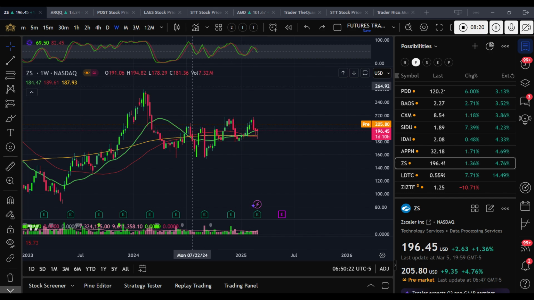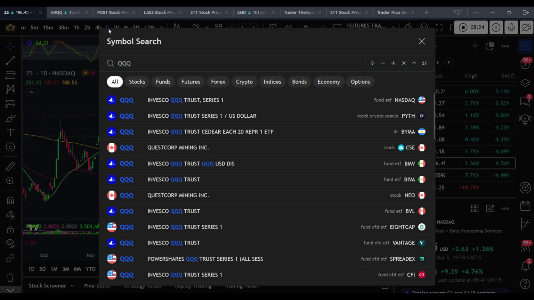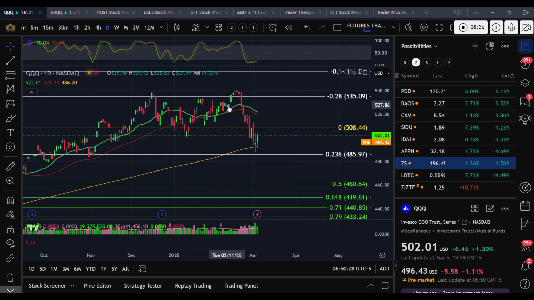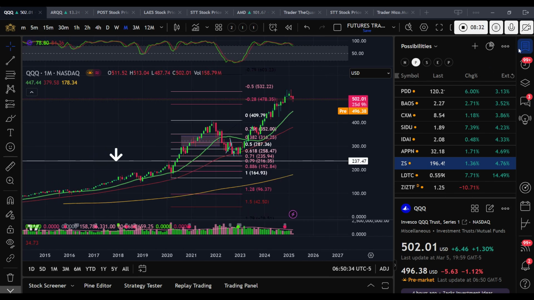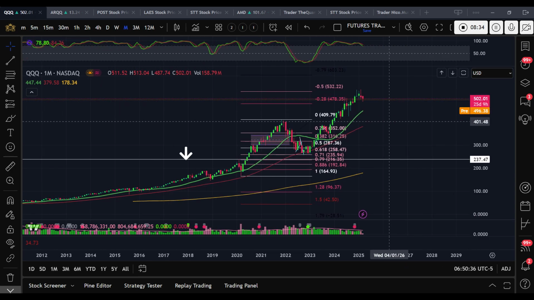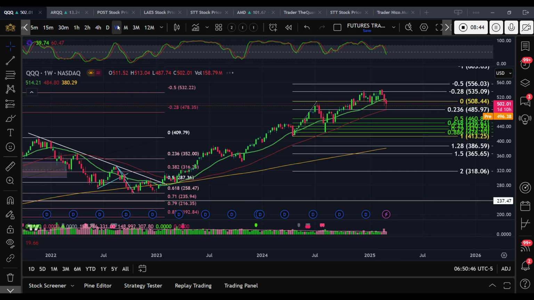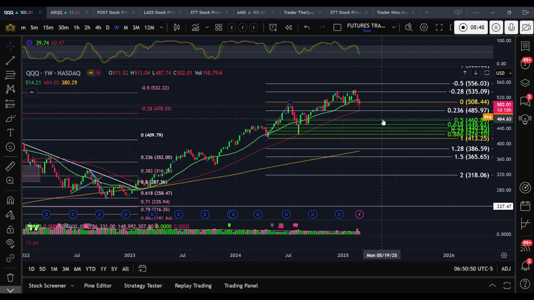So if QQQ were to do the same thing, that would be kind of damning because it is way down here. Let's just peek at what the likelihood is of that. Obviously, I think that is highly unlikely, but I do believe we'll get to the 20 or 21, and again to the 50 Fibonacci level.